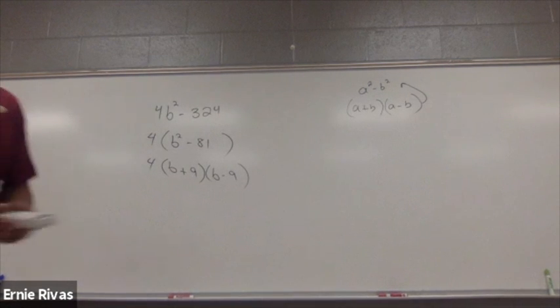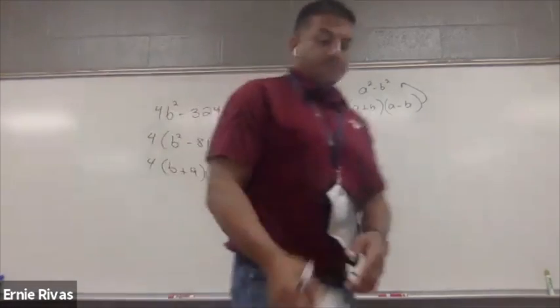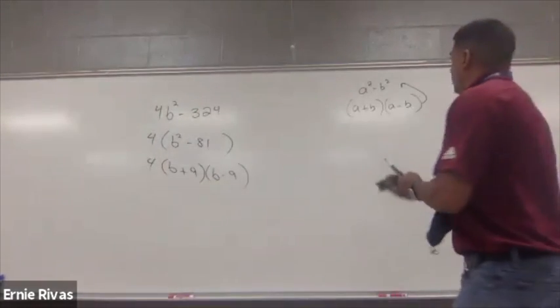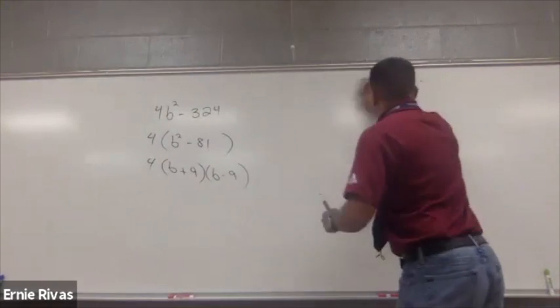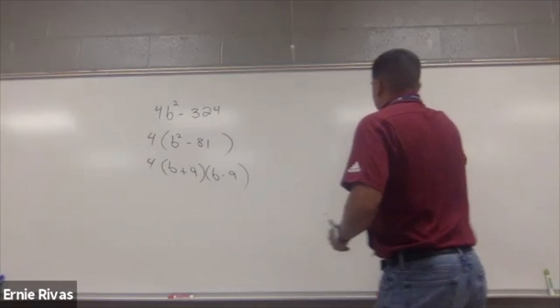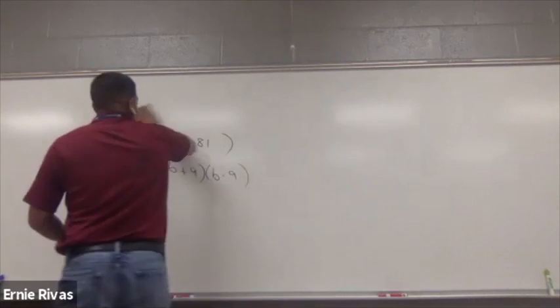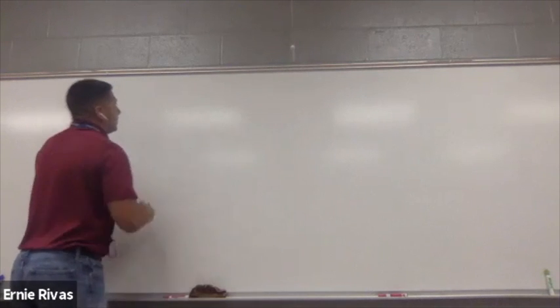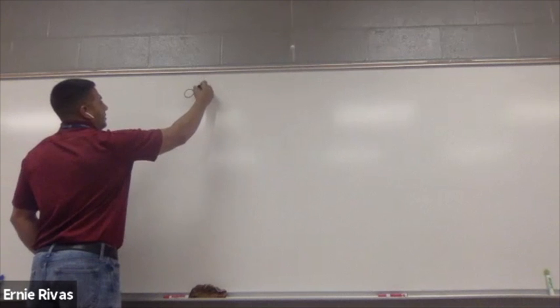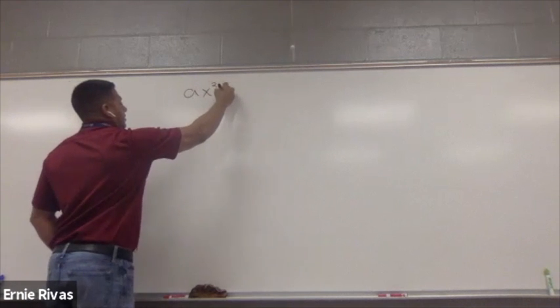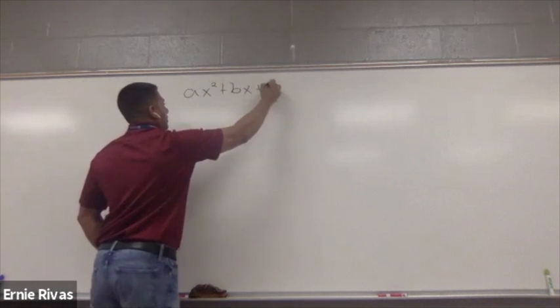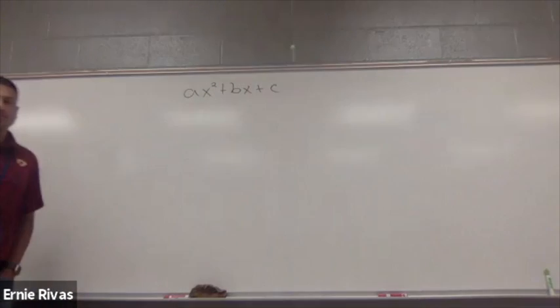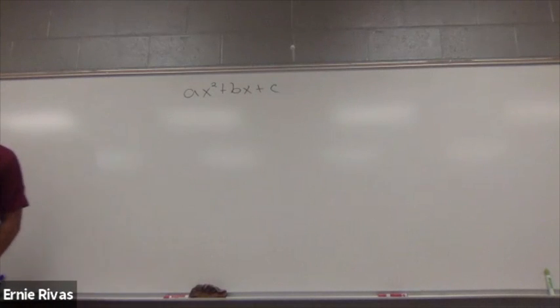All right, well, we're going to start today looking in the continuing of the factoring, where remember we said all of these can be all written in a general term of ax squared plus bx plus c, right?